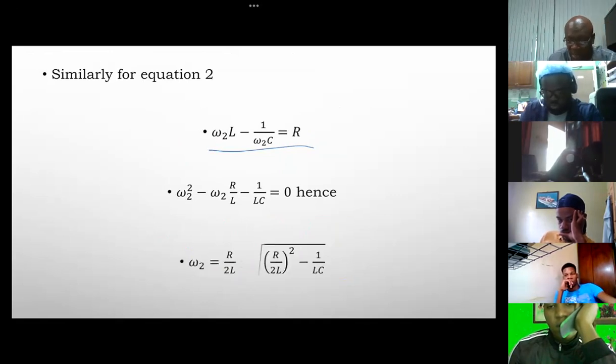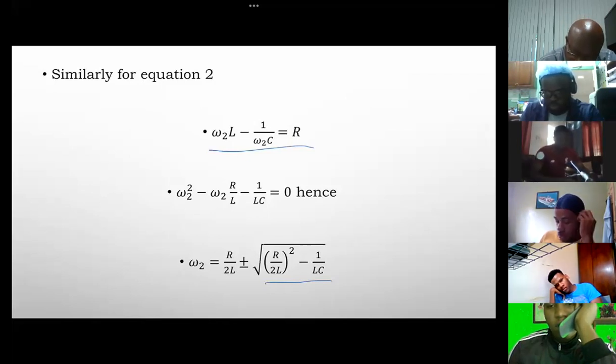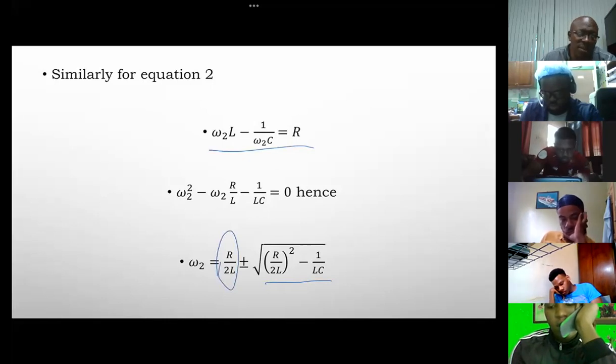This gives us the final expression using the quadratic formula of R over 2L plus or minus, and again we have the same thing in the square root. The difference here is that this is positive. So at F1 it was negative, at F2 it's positive.